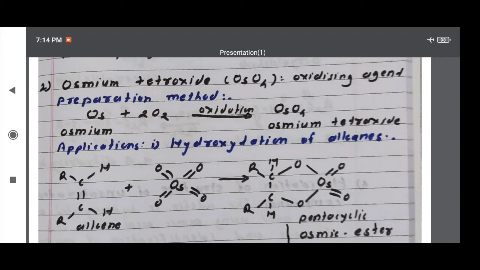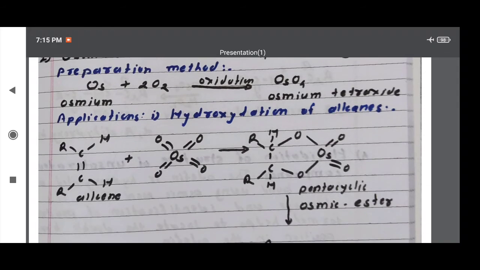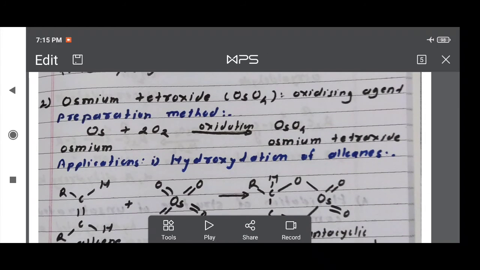Osmic acid is specially used for four reactions. First is the hydroxylation of alkenes. Second is the elucidation of structure. Third is as a catalyst. And fourth is the elucidation of structure of unsaturated compounds. Then I am discussing them one by one.